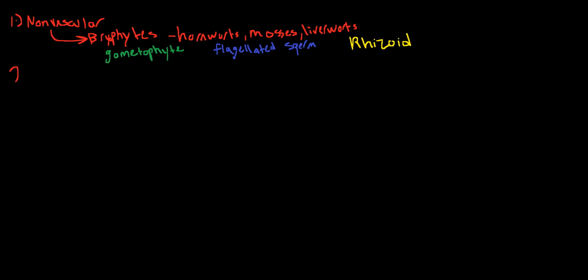Alright, so now we have done the non-vascular type of plants. Now we can go on to the vascular type. This breaks into two parts. We have seedless, also known as lycophytes, which is the scientific name for them, or this word, pterophytes.